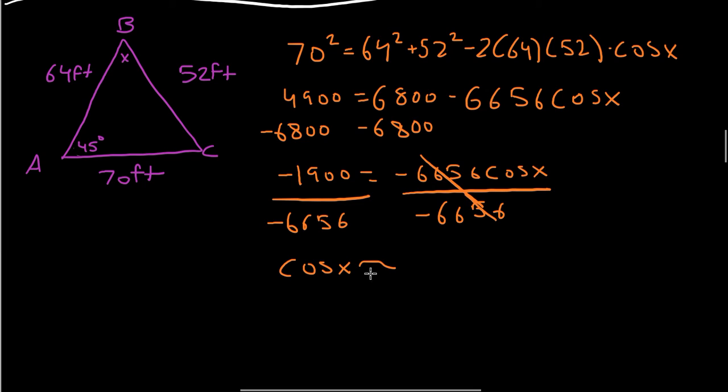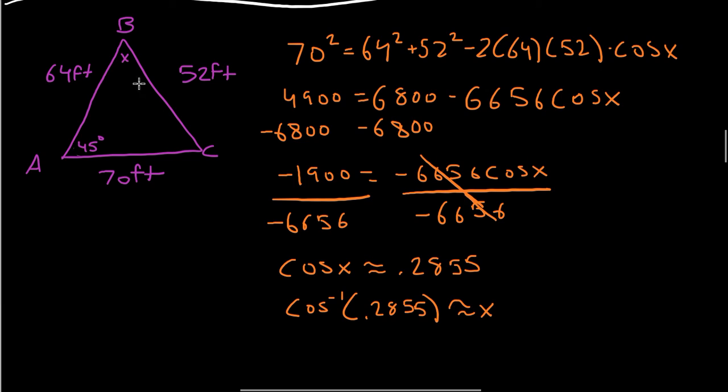Cosine of x is roughly equal to 0.2855. And again, in order to leave the x value by itself, you do the inverse cosine. So the inverse cosine of 0.2855 is roughly equal to x.